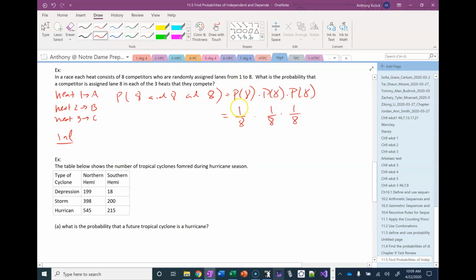That's why there's a 1. And then the number of lanes, well, I have lane 1, lane 2, lane 3, lane 4, lane 5, lane 6, lane 7, lane 8. So there's 8 choices total. So I have a 1 out of 8 chance of getting lane 8. So when I do that, I get 1 out of 512.